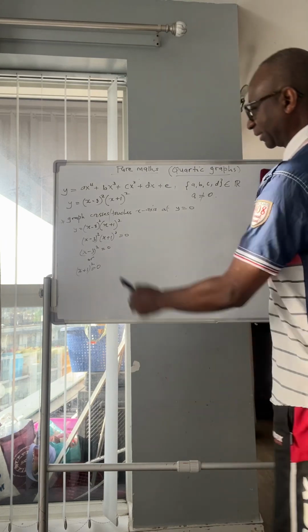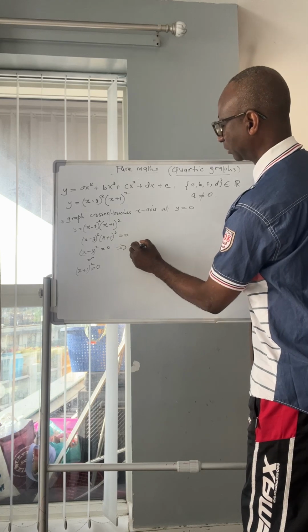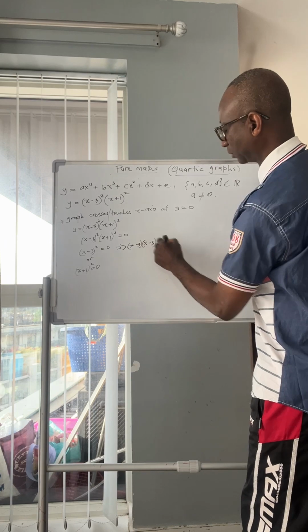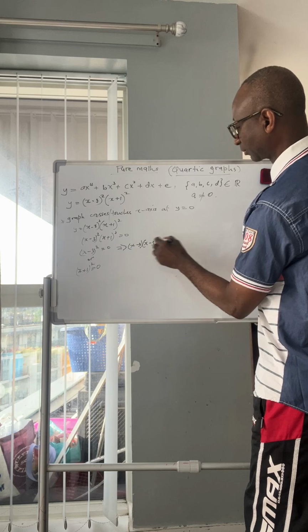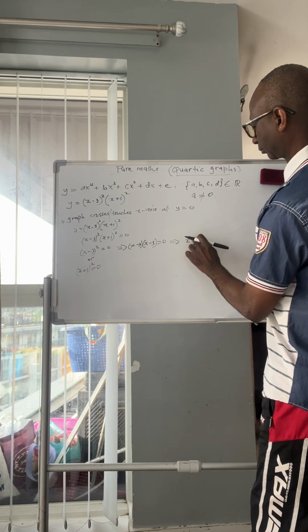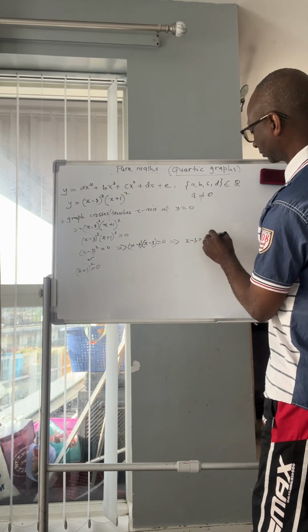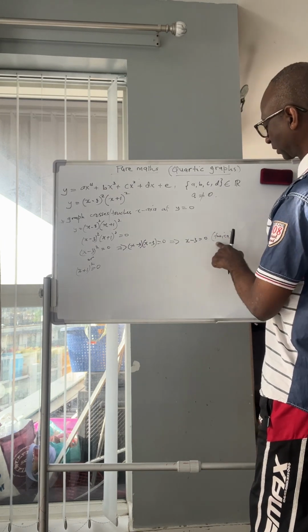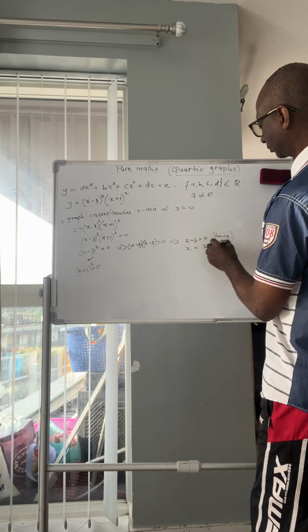So what does this mean? This first one is telling us that x minus 3 and x minus 3 are equal to 0. So again, this simply means x minus 3 equals 0 twice, so x equals 3 twice.